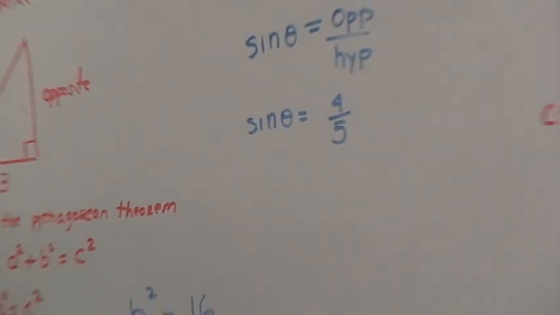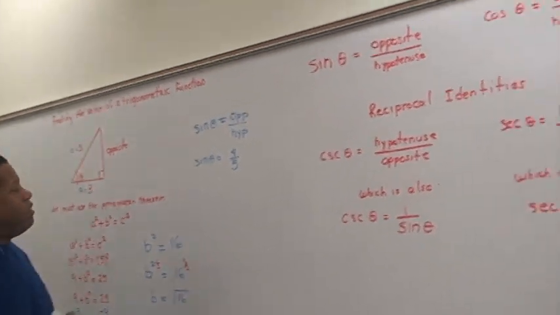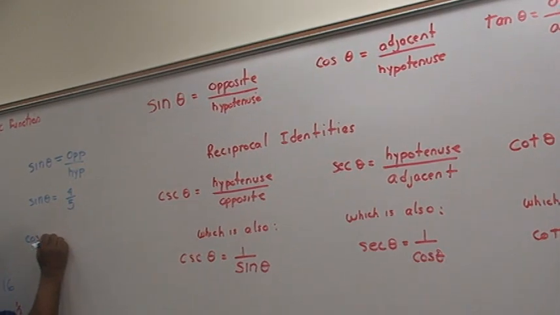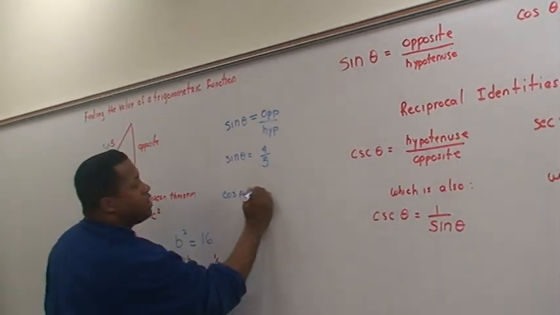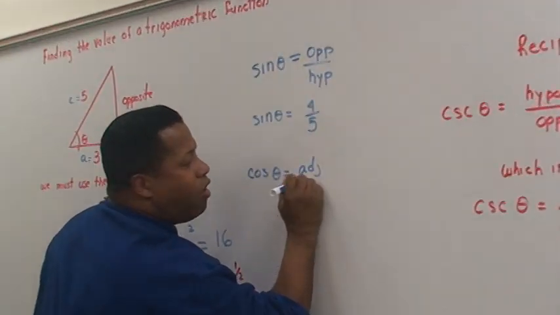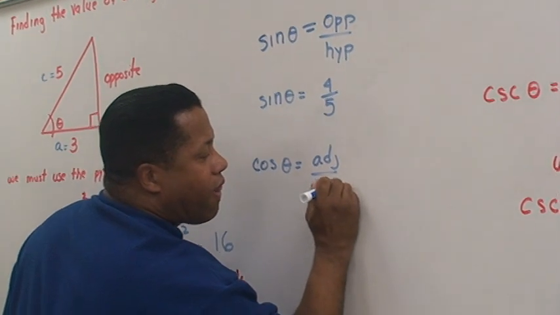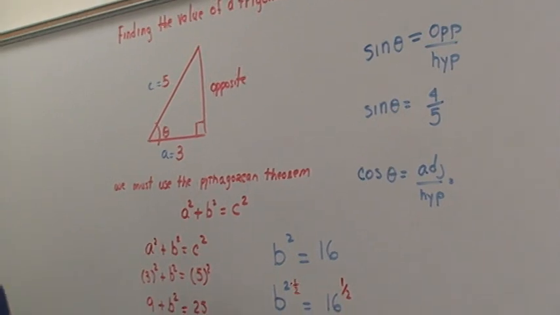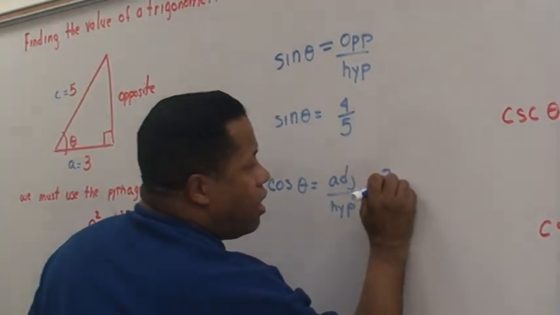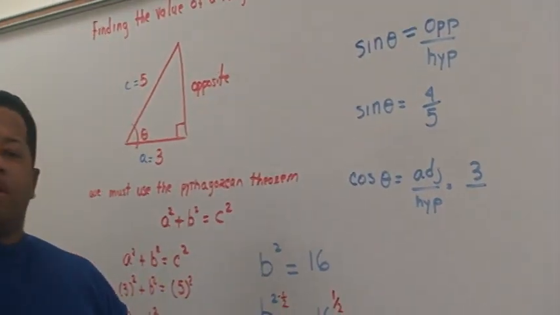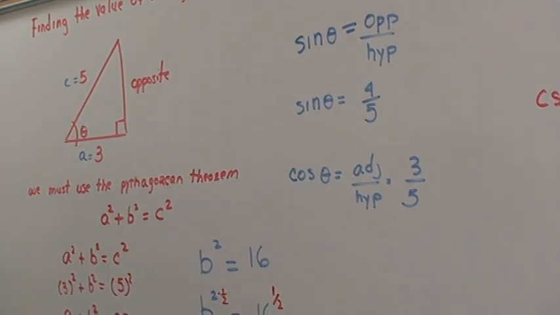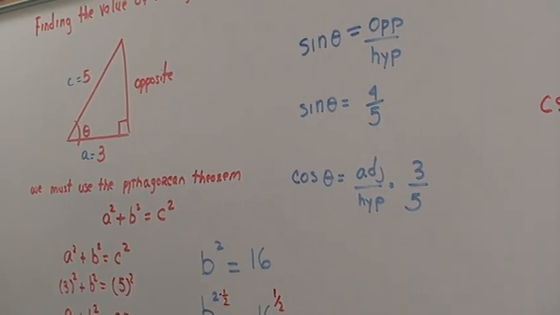So let's do cosine theta, which is adjacent over hypotenuse. Here we have the adjacent side, which is 3, and the hypotenuse is 5. So cosine theta will be 3 over 5.